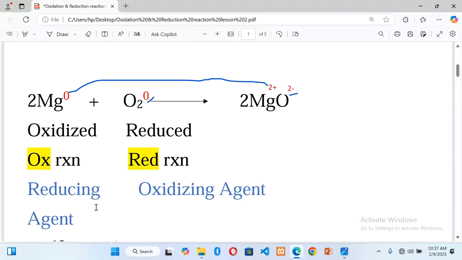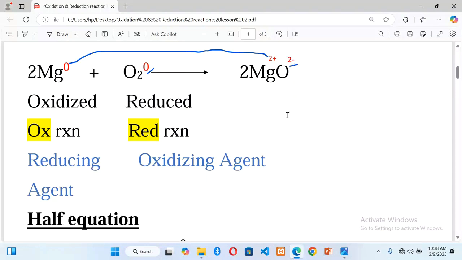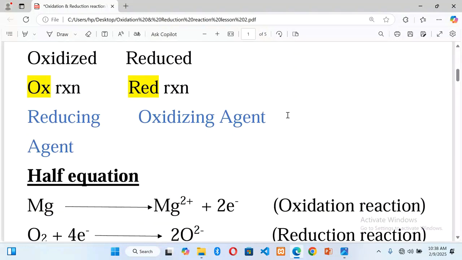Now, when you're writing half equations, we want to find which one is the half equation for oxidation and which is the half equation for reduction. We use oxidation numbers. This one has moved from 0 to positive 2, and this one from 0 to negative 2. So here you can have two half equations.